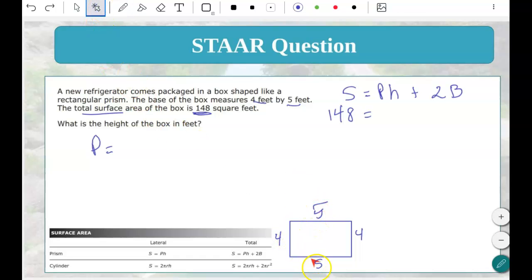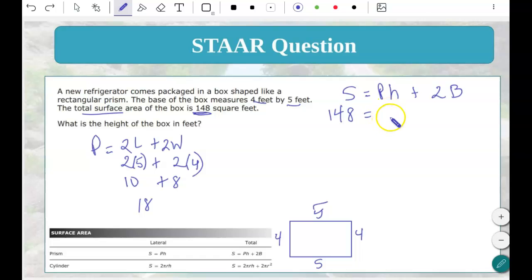So you would add all 4 sides, or you just do twice the length plus twice the width, and you get 2 times 5 plus 2 times 4, which is 10 plus 8, which is 18. So we know what this is. We are looking for the height. We don't know h.